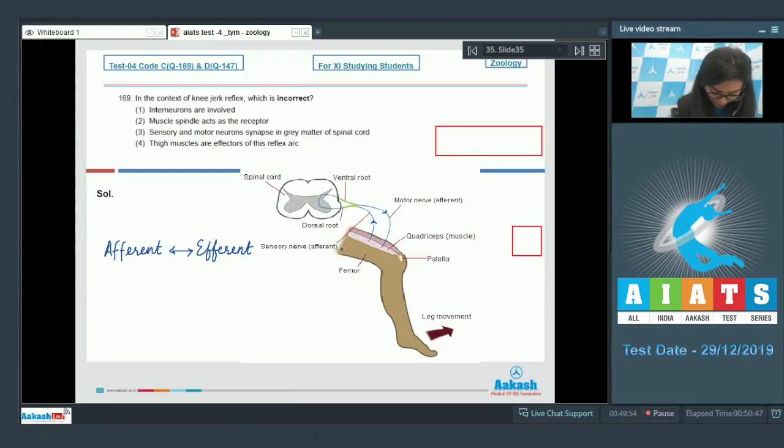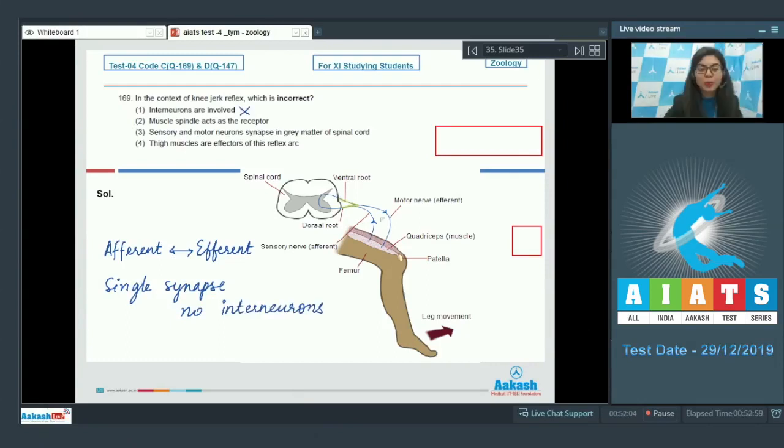But in respect to knee-jerk reflex, a single synapse is formed between afferent and efferent neuron, and there are no interneurons. Option number 2, muscle spindle acts as receptor. This is true because when the sudden stimulus is provided with the striking of knee hammer, this would evoke impulses in the afferent neurons, which will carry these impulses to the spinal cord.